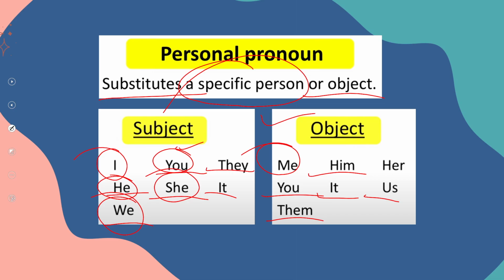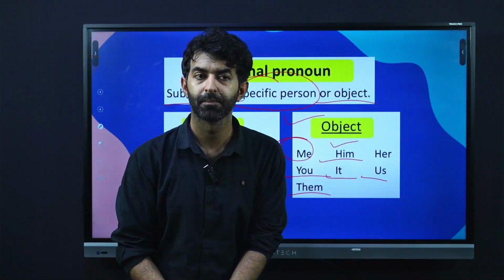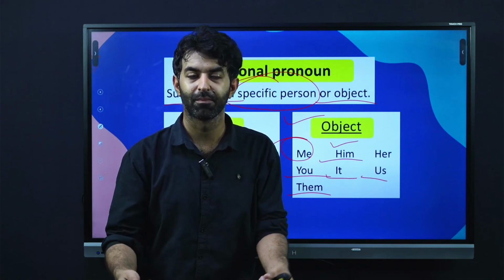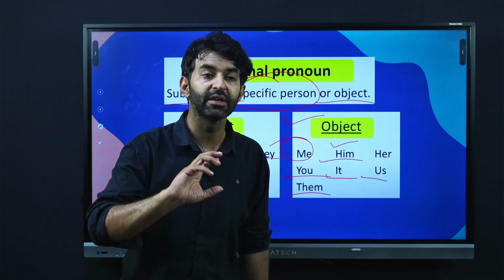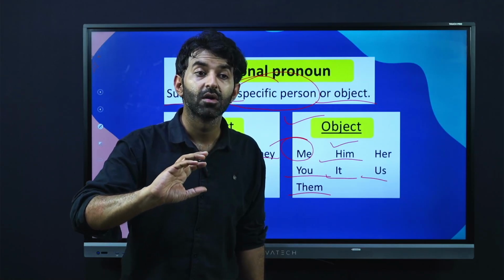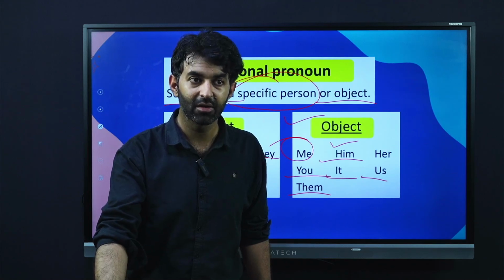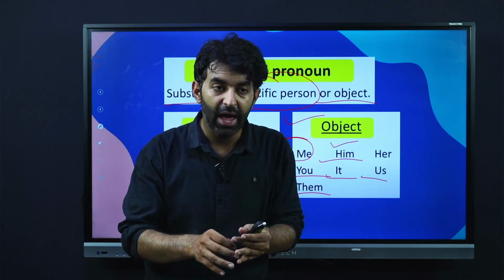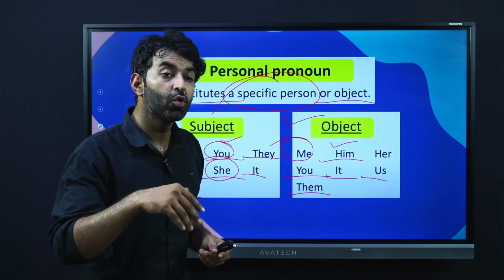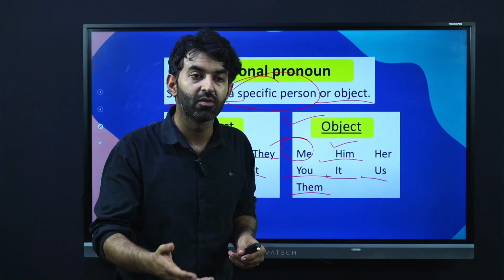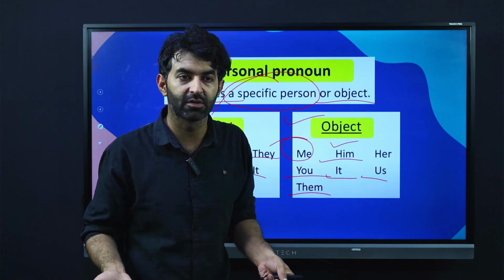Now, let's look at this sentence. Have you told him? What is him? Him is the thing on which we are doing any action. Alright? So anything, any person on whom we are doing any action, they are called the objects.